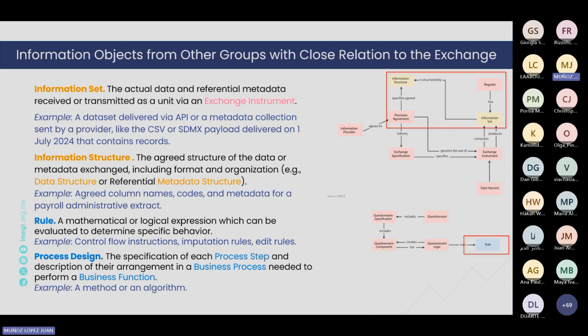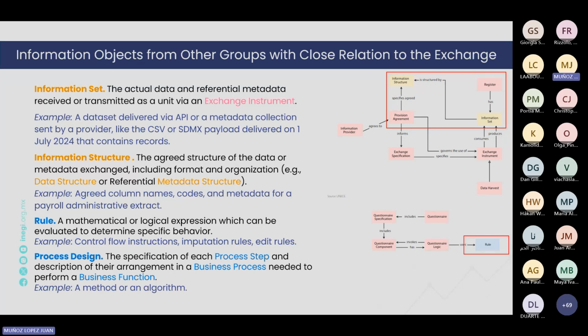It works with objects from other parts of the GSIM model. The information set is the actual data that is being exchanged. The information structure is the agreed upon format and the organization of the data.